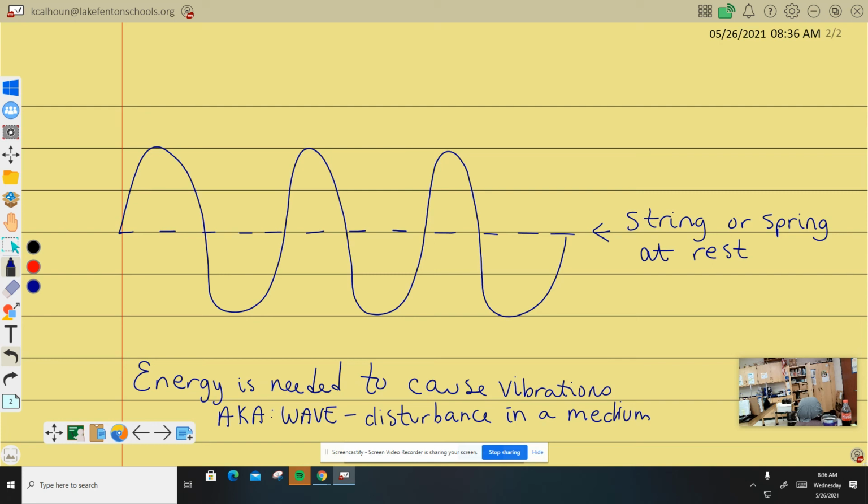So it could be air. Air is a medium. It could be water. Water is a medium. So whatever it's traveling through. Air is probably the most common one that we talk about.